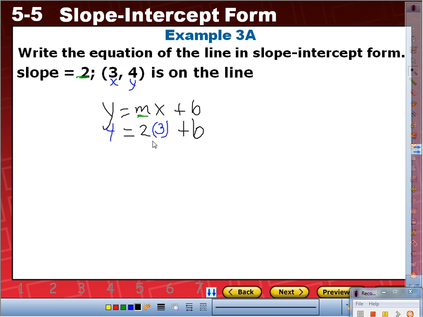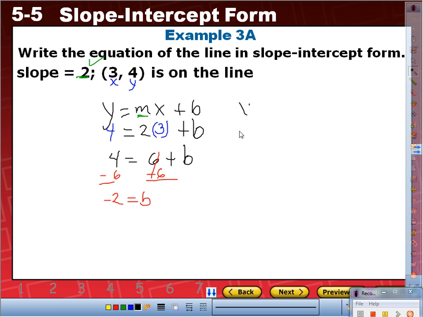Is that correct? So check this out. What is 2 times 3? So this is 4 equals 6 plus b. To solve for b, I need to subtract 6. So therefore, negative 2 equals b. Now I can write my equation. I have my slope, and I have my y-intercept.